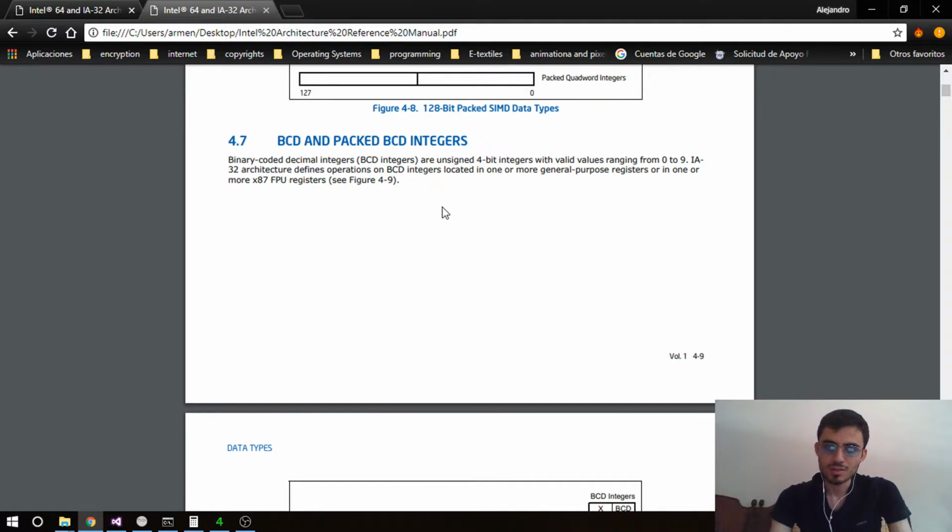Okay. If you have 4 bits, 2 to the 4 is 16, and you just have 0 to 9, where are the other 6 elements? 5 elements? 6.